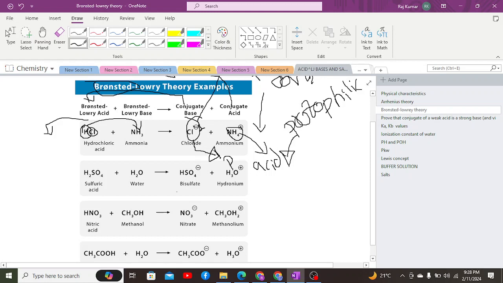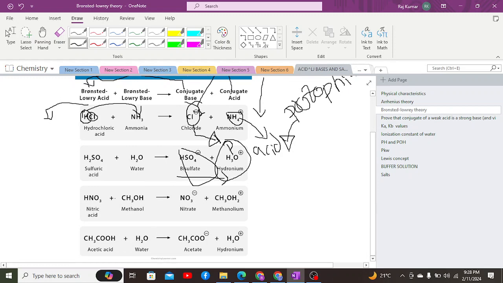Sulfuric acid, same reaction. In that case, it becomes a conjugate acid. Hydronium, the hydrated proton, becomes the conjugate acid, and bisulfate becomes the conjugate base. Moreover, there are some other reactions mentioned over here as well.